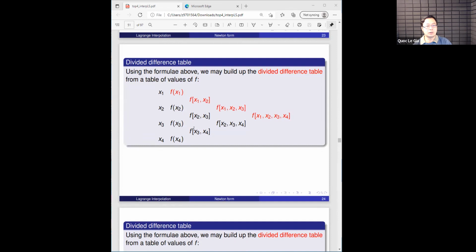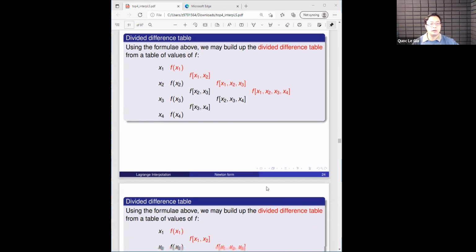Then you compute the third column by taking the difference in the second column divided by the difference in the first column. Then for the next column you take the difference in the previous column divided by the difference in the first column, but with a bit wider gap, and so on. So that is the idea.